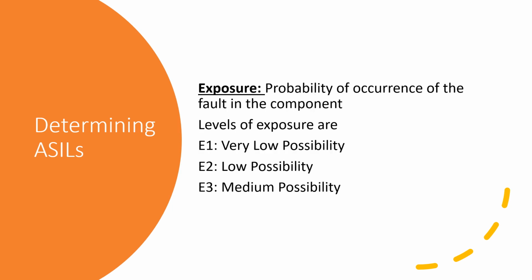Exposure is the probability of occurrence of the fault in the component. It is categorized further into different levels, E1, E2, E3. E1 is the lowest possibility, E3 is the medium possibility, and E4 is the highest possibility.